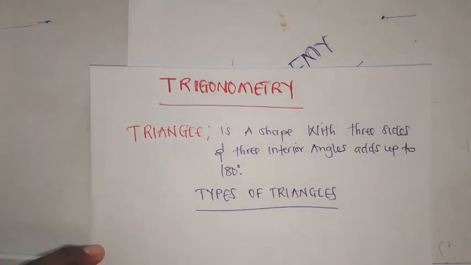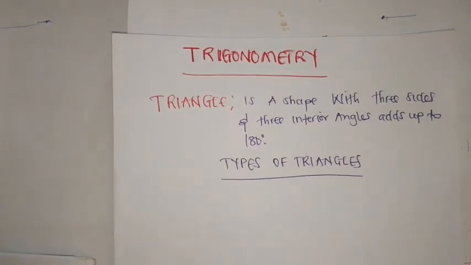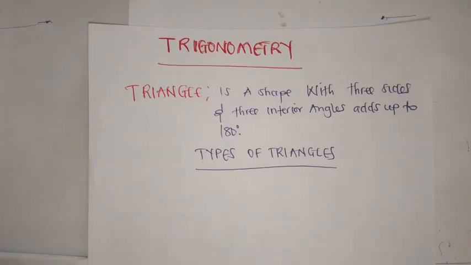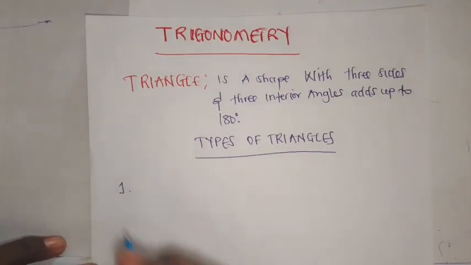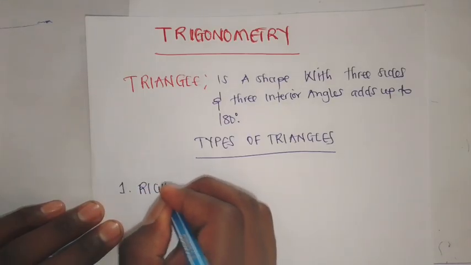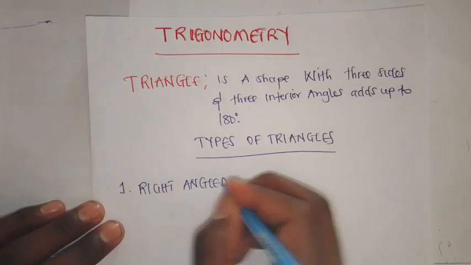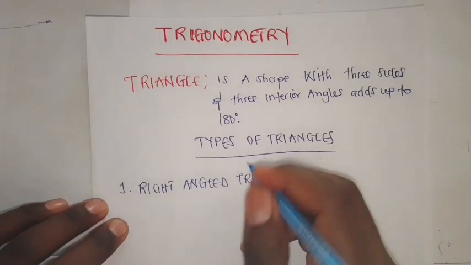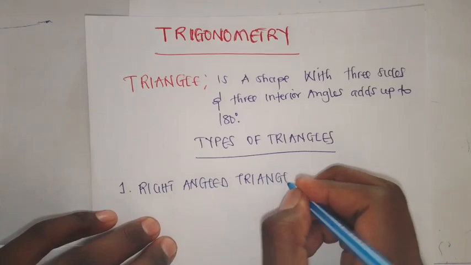So there's what we call the right-angled triangles. This one is common.